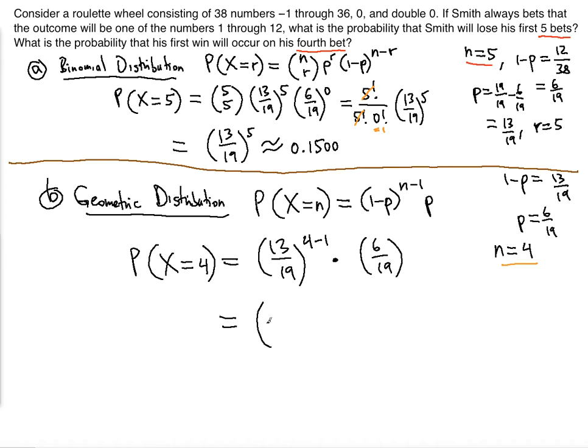So that's equal to 13/19 raised to the third power multiplied by 6/19. And if you do this correctly in your calculator, round to the nearest 10,000th, you will get an approximated answer 0.1012. So that's the probability that his first win will occur on his fourth bet.